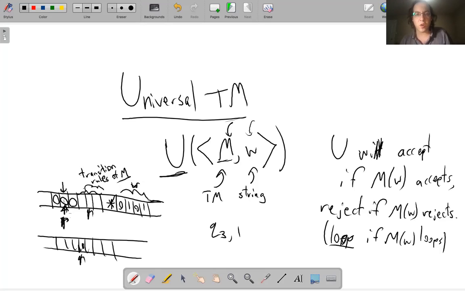So we will have code for this matching process that matches the name of the state Q3 and what we're seeing in the tape, which is 1, to a transition rule of M. And then we will have to follow what the transition rule says to do.